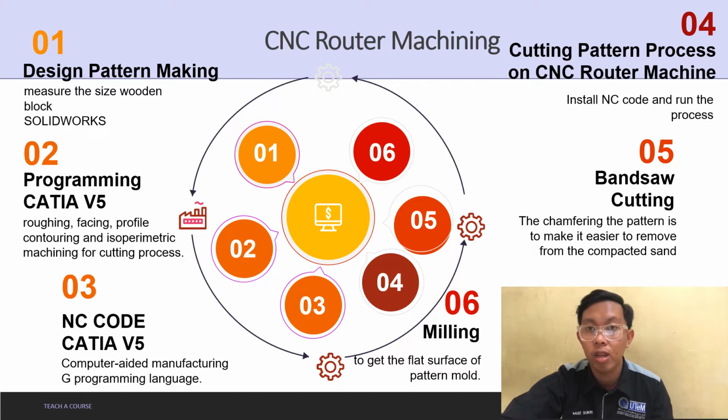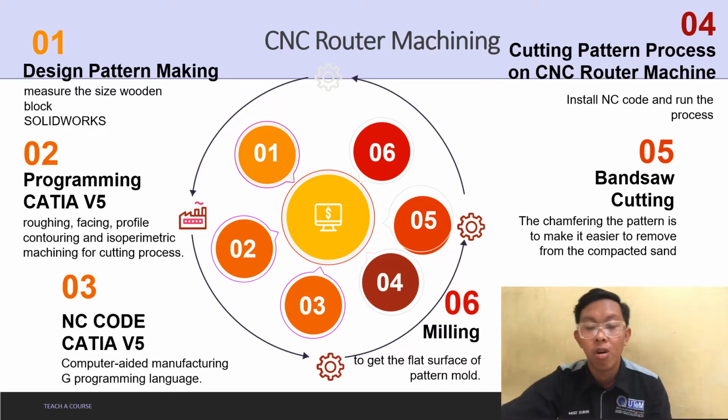For the third step, we generate the NC code from CATIA, and for the fourth step, we do the pattern cutting process on the CNC rotor machine. The 5th step is the bandsaw cutting, where we cut the wooden block, and for the last one, the milling process.